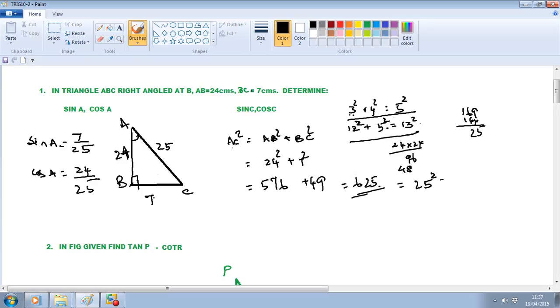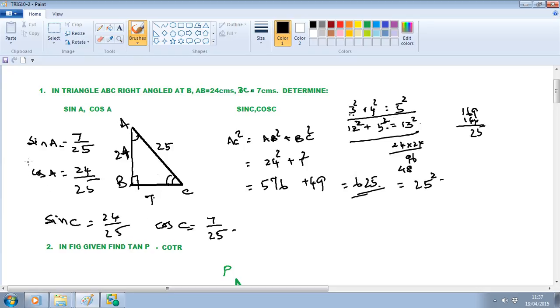What about sin C? Sin C is equal to 24 by 25. Cos C is equal to 7 by 25.